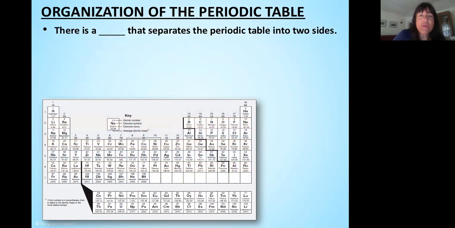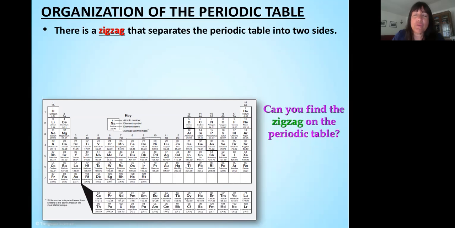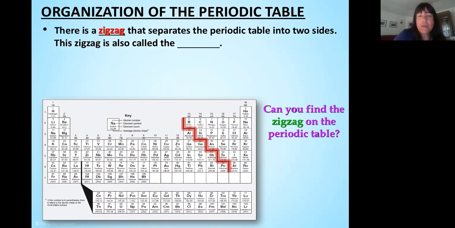All right, so there is a zigzag that breaks the periodic table into 2. I'm hoping that you have your blank periodic table, or this is what you'll be taking notes on, and I want you to darken that zigzag line, please. The zigzag line is also called the staircase.